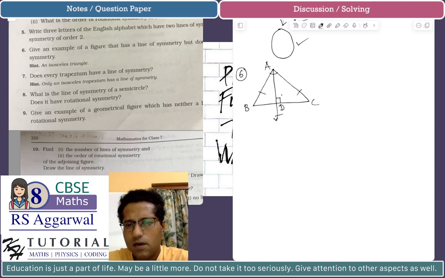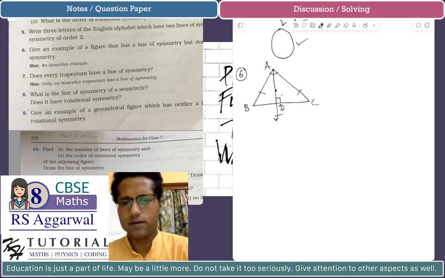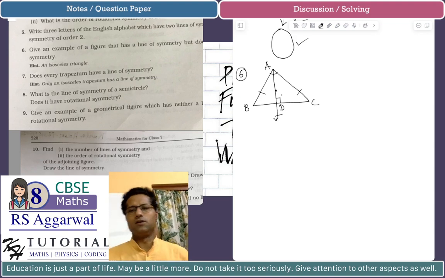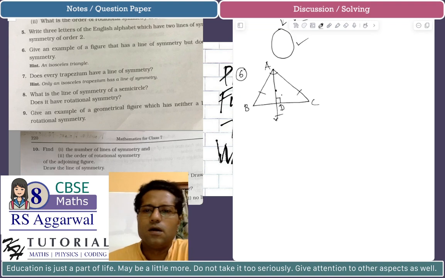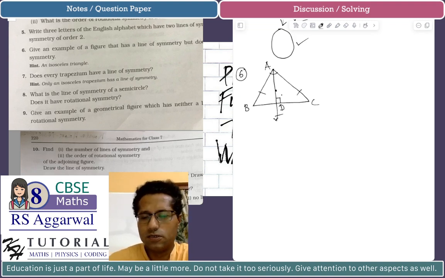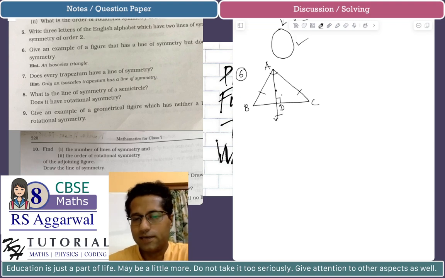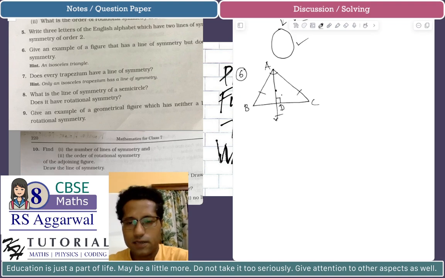That is, if you consider the center of the isosceles triangle as this, if you rotate this isosceles triangle by any angle, whatever angle you rotate, you will never find a position which is looking identical. I mean, after 360 degree, obviously the triangle will be back to its original position, but in that case n will be 1.